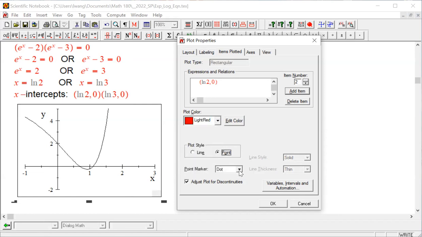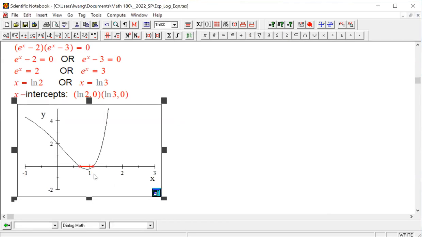A red circle, another red circle, and in between, there's a line segment. So the solution is here between ln 2 and ln 3.